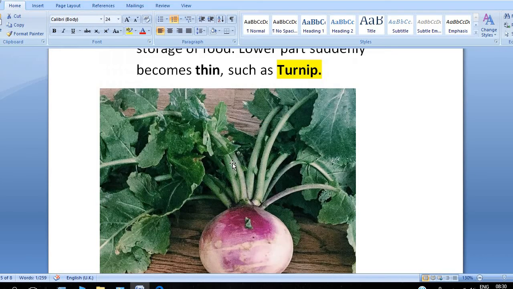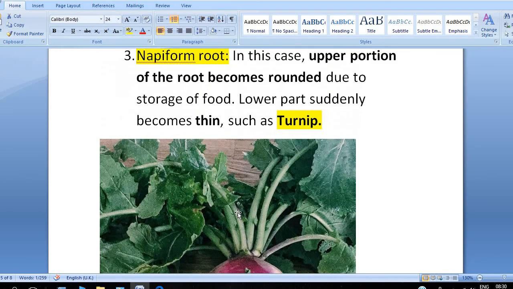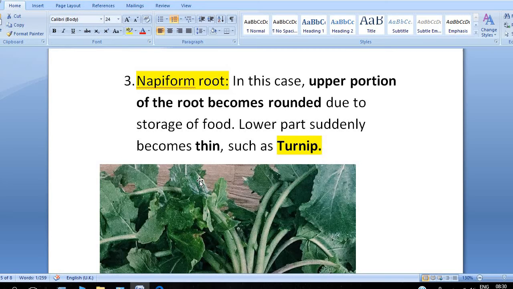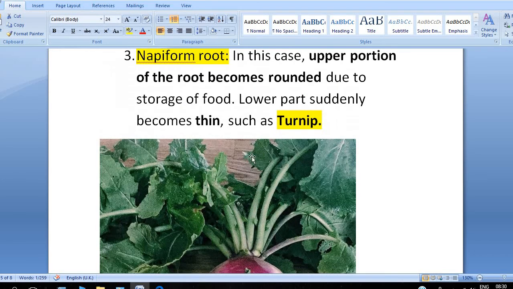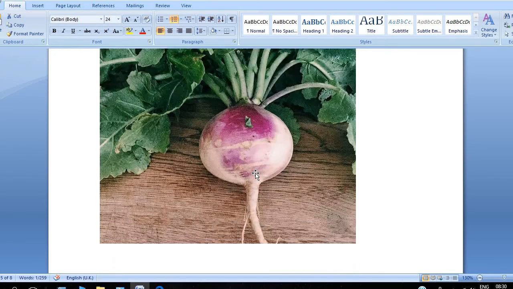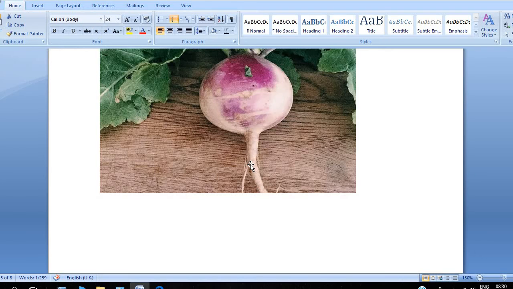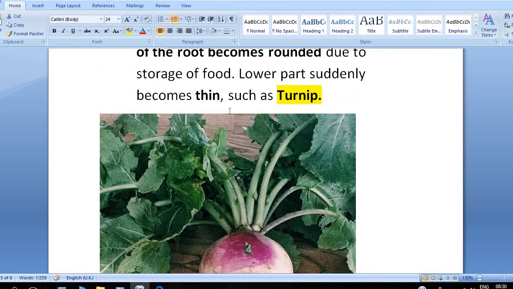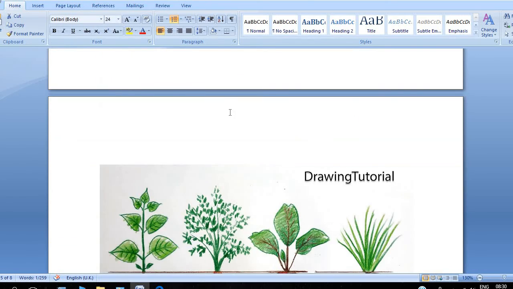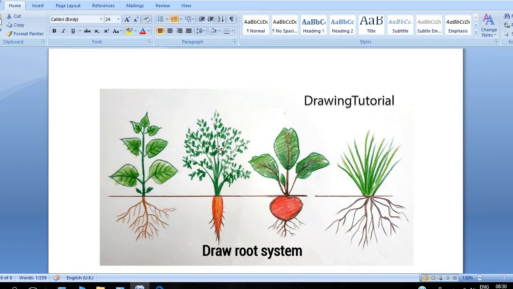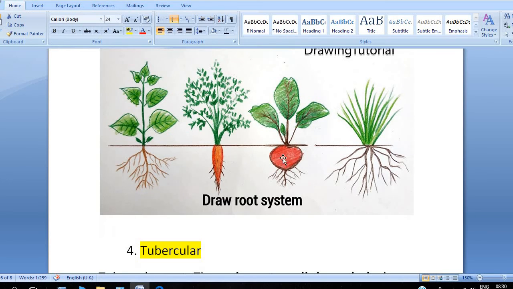The upper part is very thick, rounded and fat, and the lower part is very thin. This is the turnip. Some roots are drawn here; you can draw them for homework.